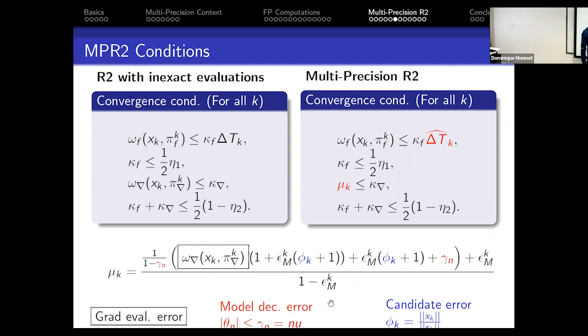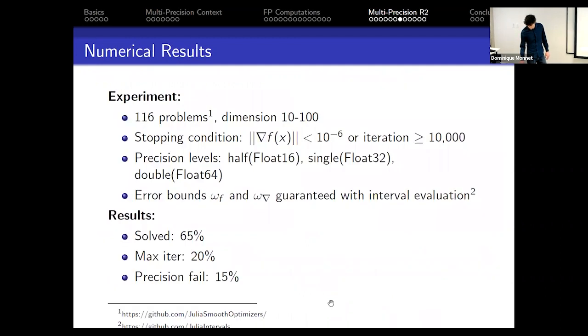And my phi here is related to how big my candidate is compared to my step. I'd need more details, but basically this relationship tells you how the gradient errors, model errors, and candidate errors interplay with each other. The results of the analysis give you more detail about that.